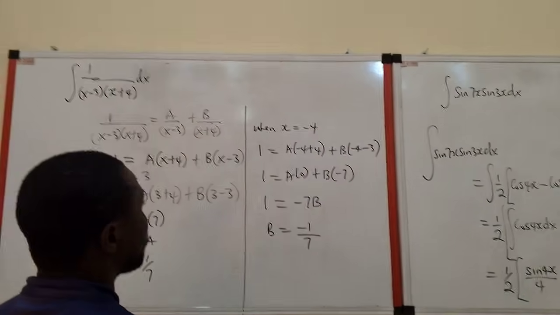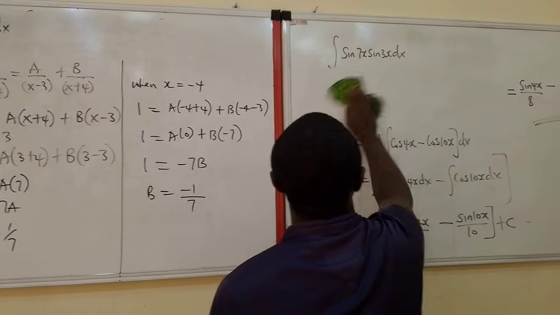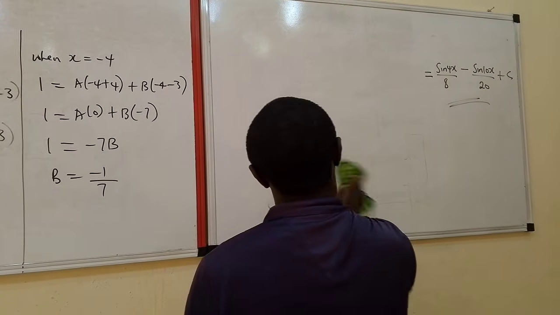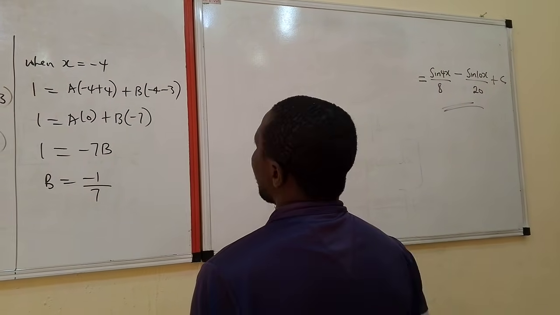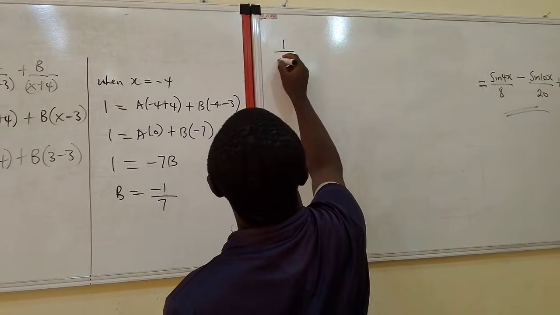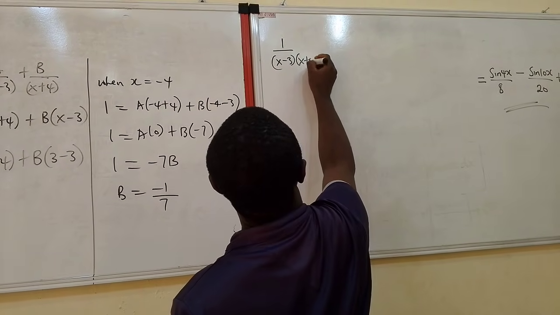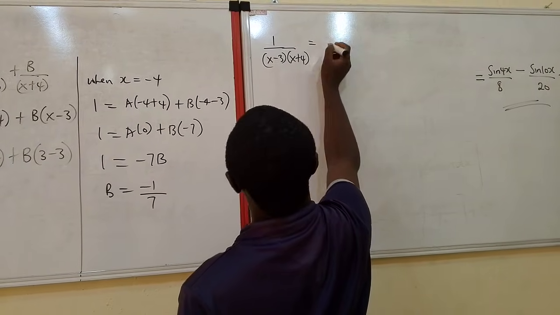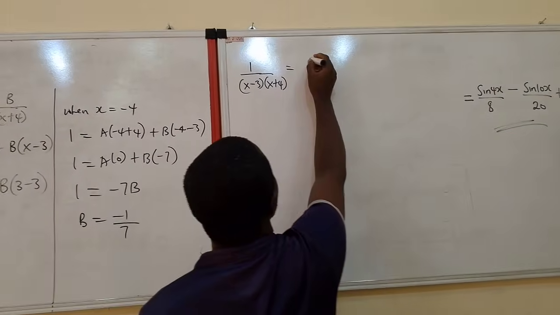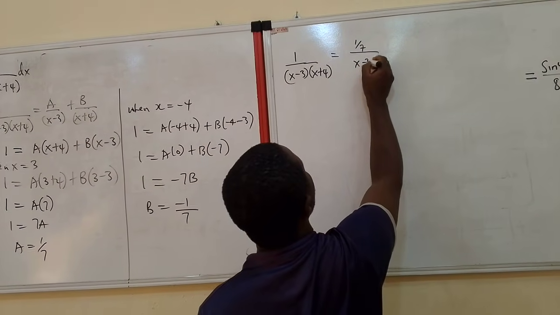So my partial fraction becomes 1 over (x minus 3)(x plus 4) is equal to a, which is 1 over 7, so it becomes 1 over 7 over x minus 3.